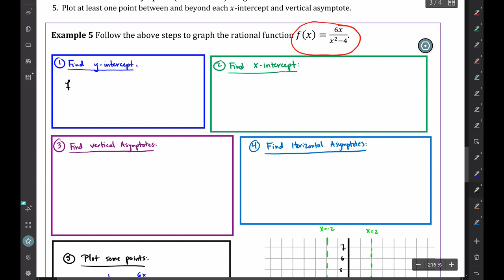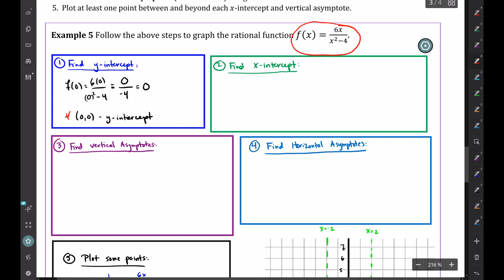So f of 0 is going to be 6 times 0 over 0 squared minus 4. Well, 6 times 0 is 0, so I'm going to get 0 over negative 4. 0 over negative 4 is 0. So what that tells me is that (0, 0) is my y-intercept.